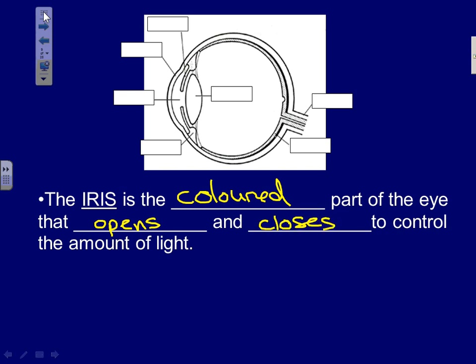And that controls the amount of light that is entering. So the iris is the colored part of the eye that opens and closes to control the amount of light that enters. All right?